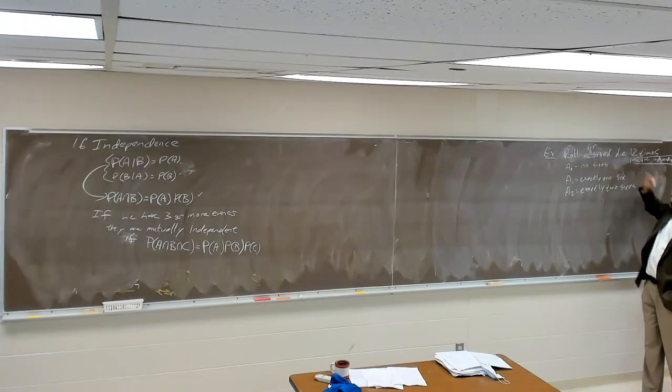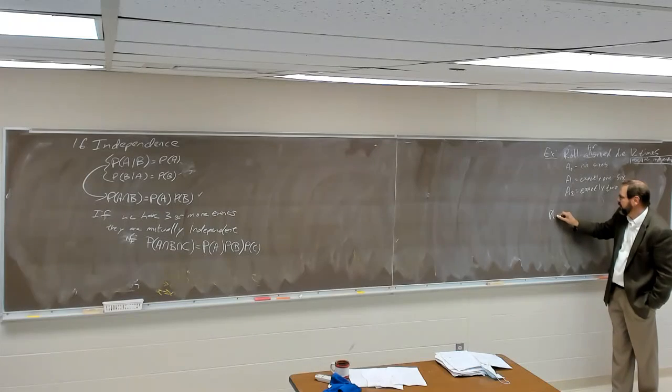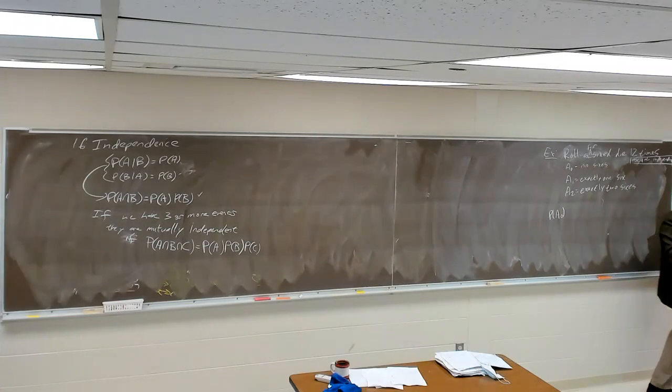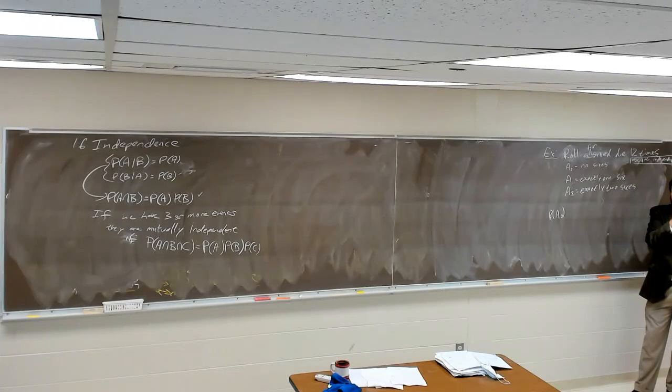Okay, so I roll a 6-sided die 12 times. Let's compute the probability we get no 6s. Which is going to mean what then, right? What does it mean to have no 6s? Every roll is a number between 1 and 5.